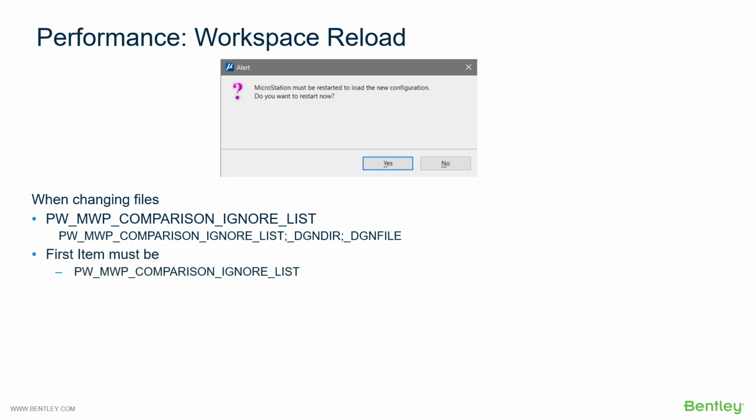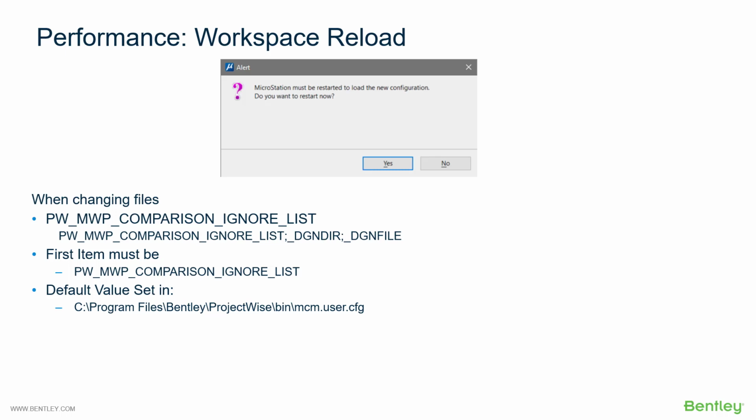Note, the first variable in the list must be PW_MWP_COMPARISON_IGNORE_LIST. This variable is set at the application level in the MCM user CFG file. This can be appended at any subsequent level. It can also be set ahead of time.